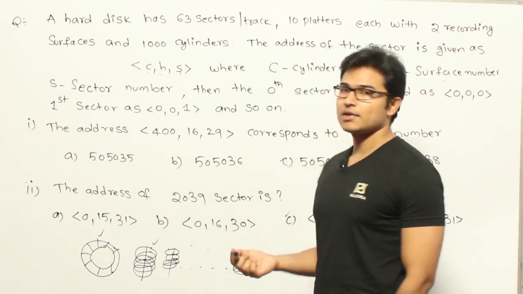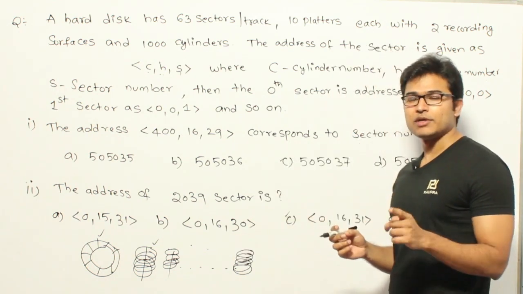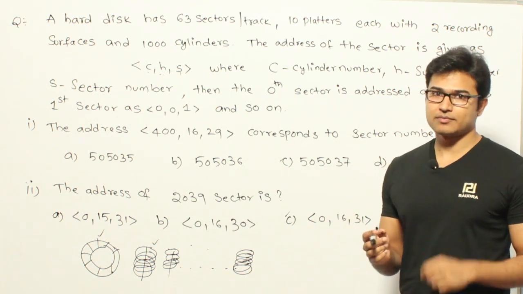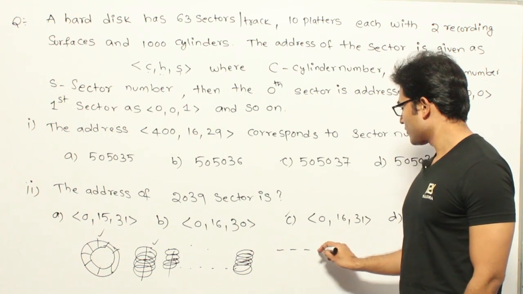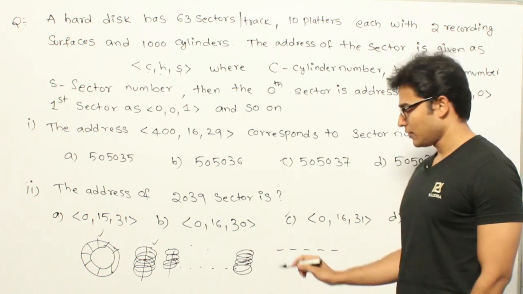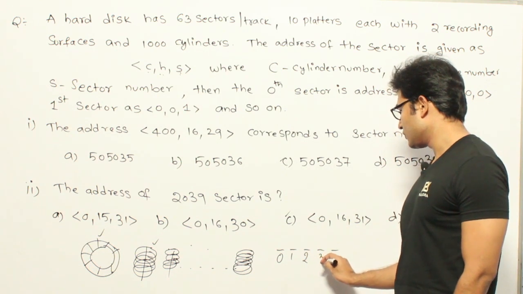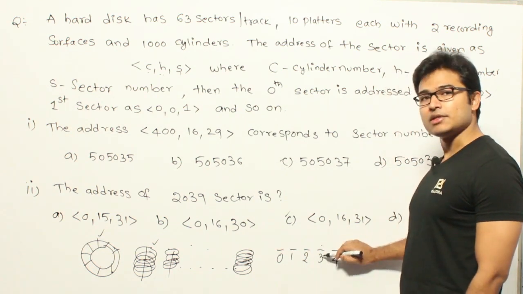Whenever you start counting items from 0, the number is going to give you how many items you are supposed to cross in order to reach that item. So what I mean to say is, let us say you have 5 items like this. Now if I start numbering from 0, 0, 1, 2, 3, 4, right? Now this item has got the number 3.